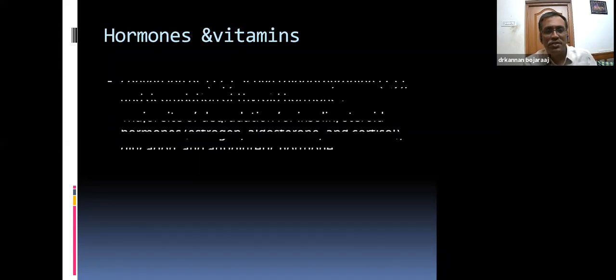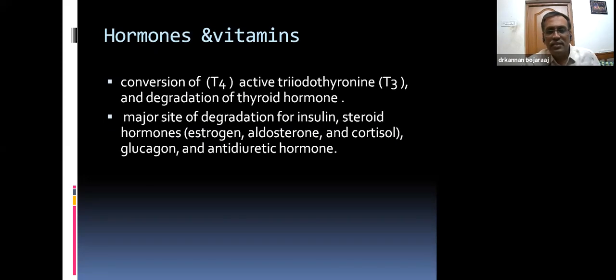And some of the hormones and vitamins: thyroid hormone conversion from T4 to T3 usually occurs in the liver, and there is also degradation of thyroid hormones in the liver.